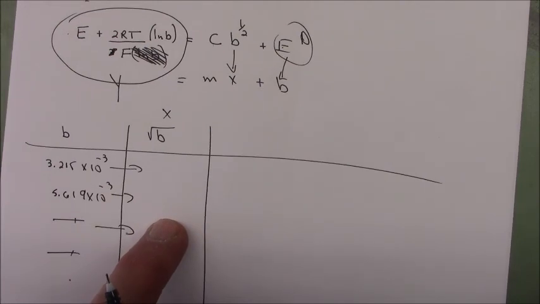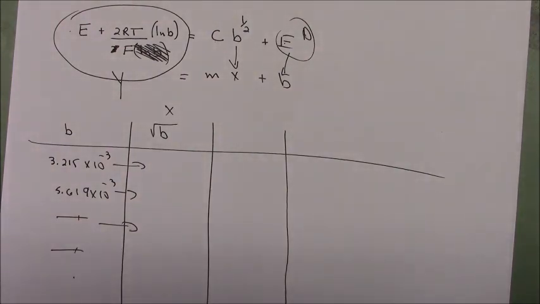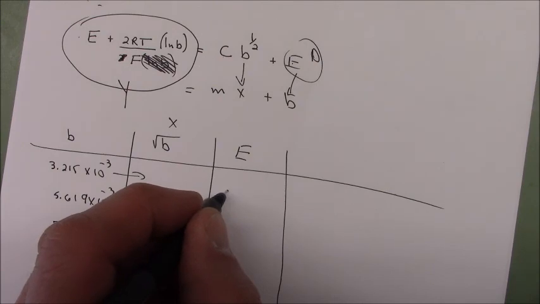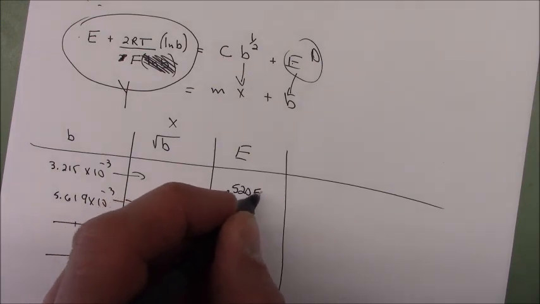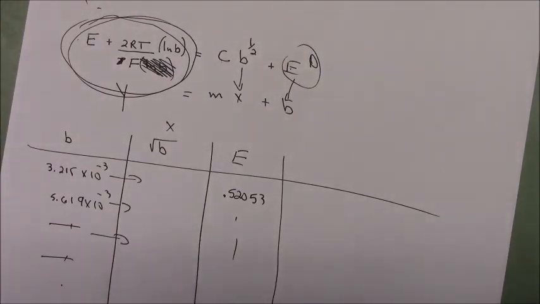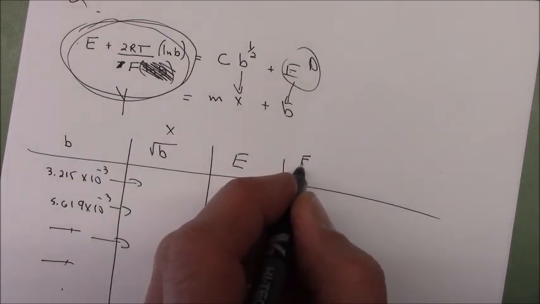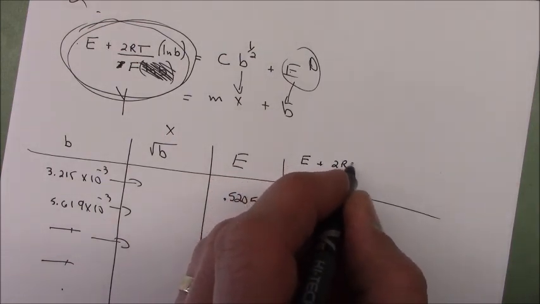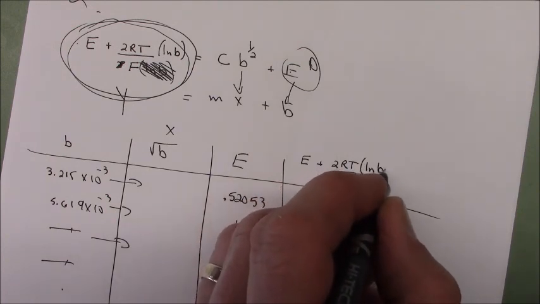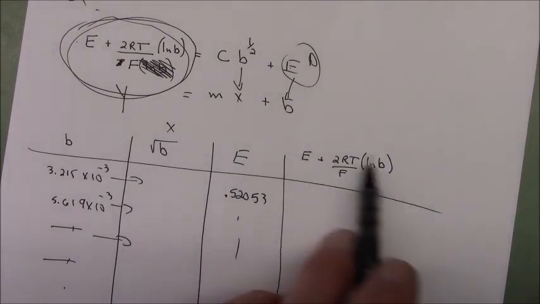And then you're supposed to do what? You're going to have E measured values. So the first one was 0.52053, and then it goes on. You need to calculate this. So in your Excel spreadsheet, you're going to have E plus 2RT over F times the ln of B. So in Excel, you have to make sure that you're calculating this right.